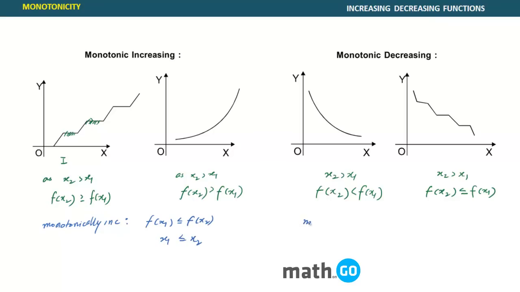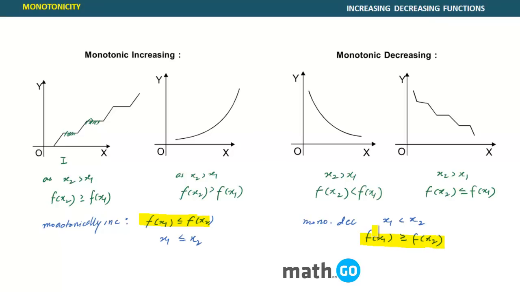And for monotonically decreasing, what condition will you use? If x1 is less than x2, then f(x1) will be greater than or equal to f(x2). So these are the conditions that you are going to use for monotonically increasing or monotonically decreasing functions.